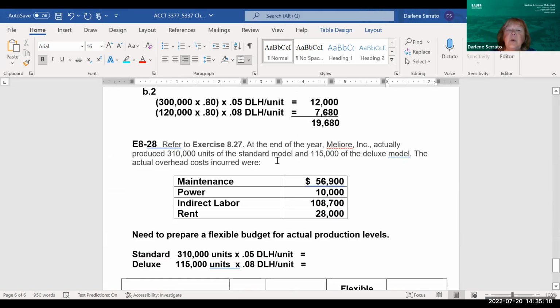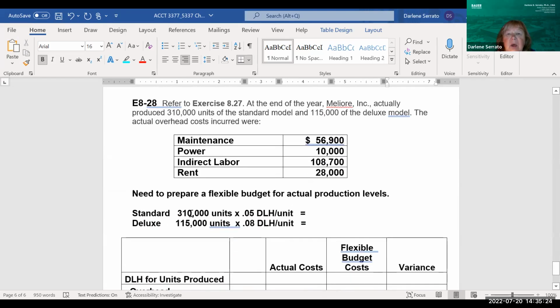So in this one, we cannot separate the variable and fixed costs because they gave it to us as one amount. So we have 310,000 units times 0.05 gives us what? $15,500.